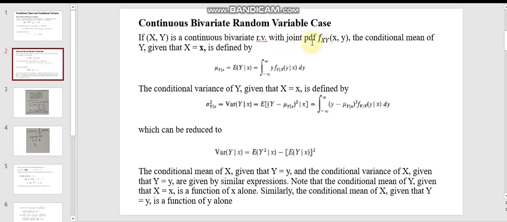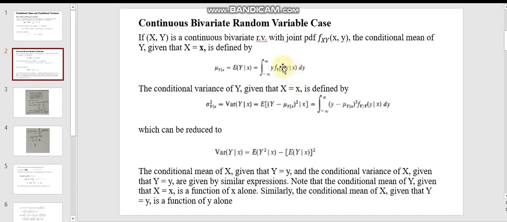Now in continuous case, we take into account the probability density function. The conditional mean of Y given X here would be the expected value of Y given X. We will take the product of y with the conditional PDF of Y given X.